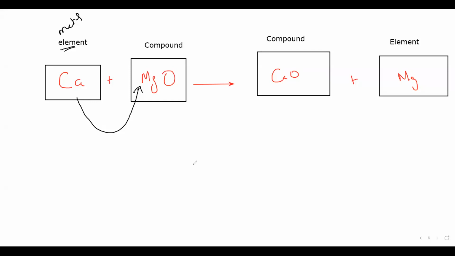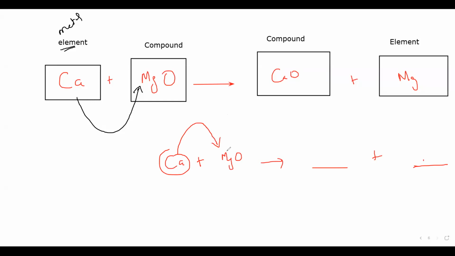It is important to write the formula. That's a very important thing, because in the exam they give you a symbolic equation and you have to complete it in this manner. They will write calcium plus MgO, then complete the equation. So first, you have to identify the category of the equation, and if it is a metal, it will displace the first part.